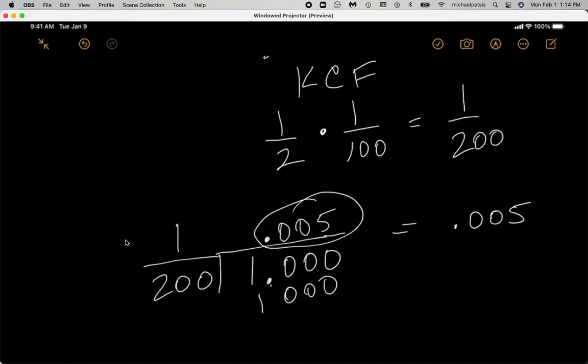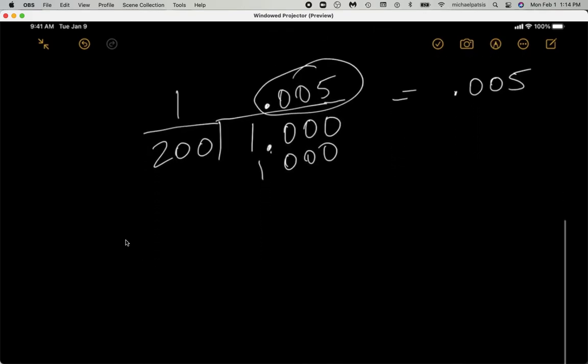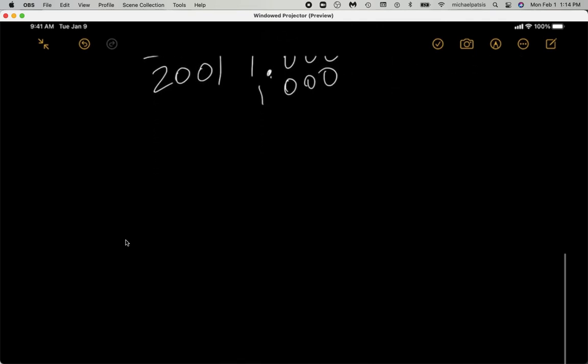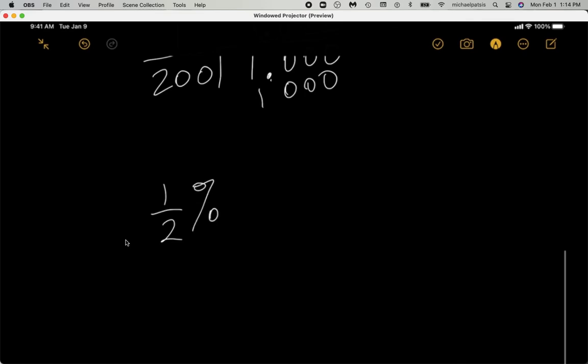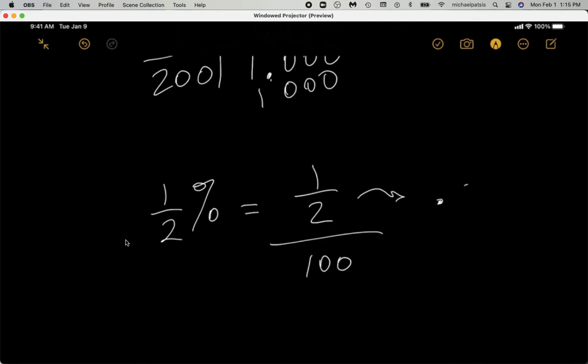Okay, now another way you could have done this, way at the beginning, when you had 1/2%, you could have said 1/2 divided by 100. You could have changed the 1/2 to 0.5. Okay, so you have 0.5 over 100, right?